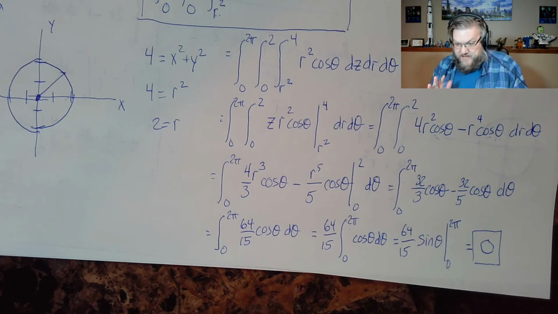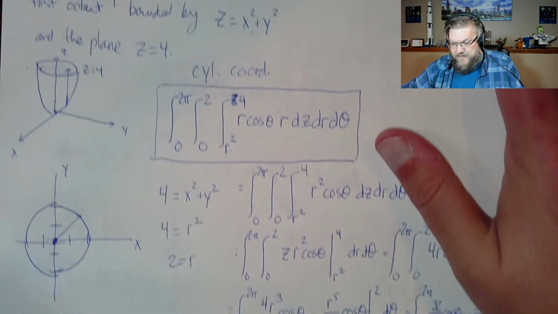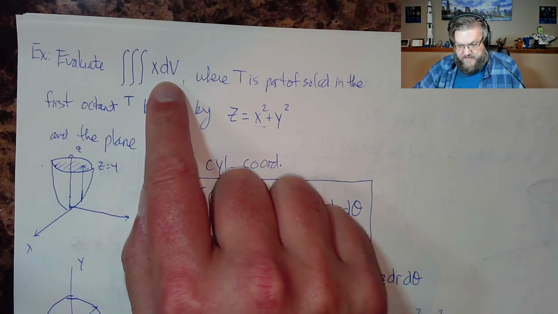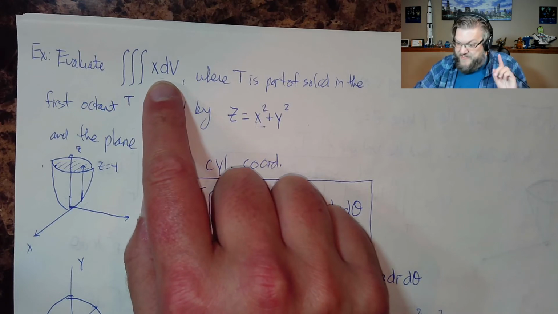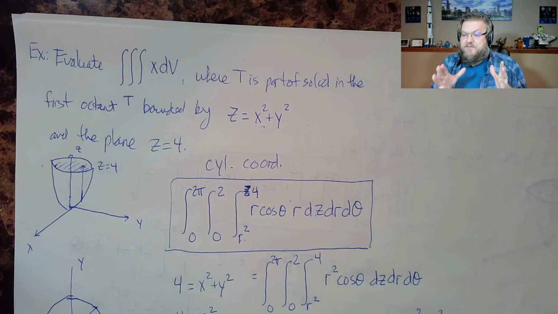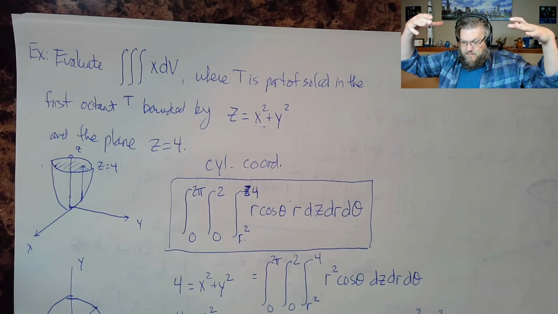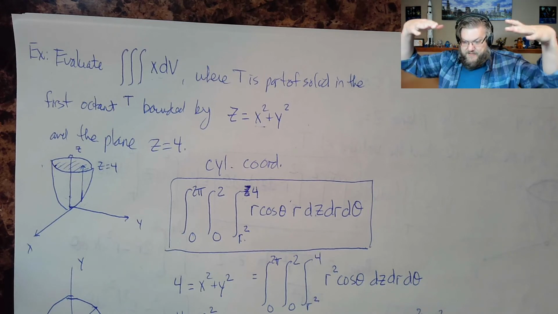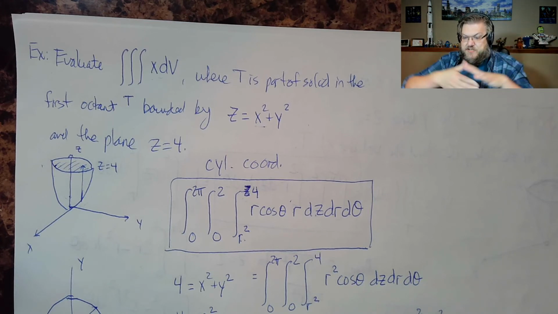Now, don't freak out on me that I got 0. It's possible to get 0. Remember, I'm not calculating the volume here. They had me evaluate the triple integral of x dV, right? Which is not the volume. So they're basically saying, travel through this entire shape, right? And think about your x coordinate as you go.